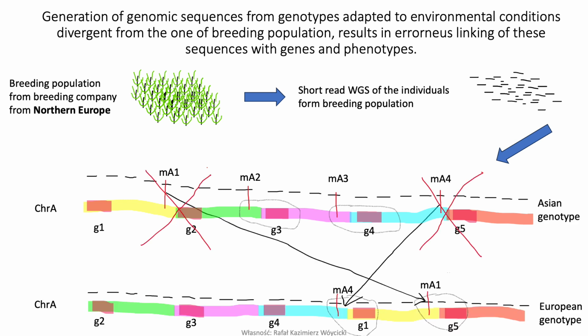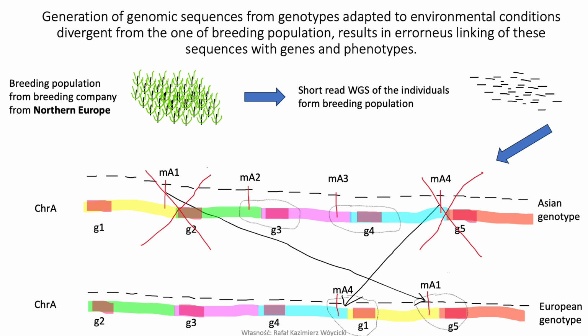It's not correct because what they don't know is that the European genotype has the translocation of the yellow region, and what it makes is that the marker which was on the fragment mapping to the yellow region is no more linked to gene G2 in the European genotype, because the yellow region is now between gene G4 and gene G5.